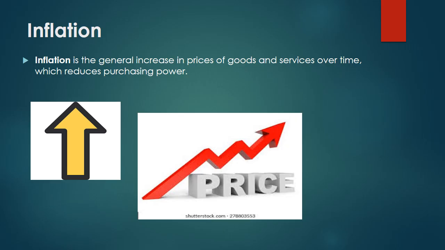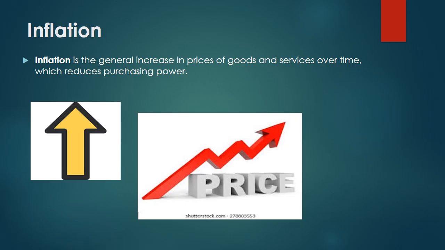We have the causes of inflation, which are demand pull inflation and cost push inflation. Inflation also affects the purchasing power and cost of living. When the prices of goods are so high, people cannot afford to buy what to eat so much.